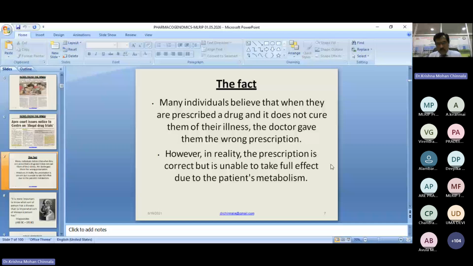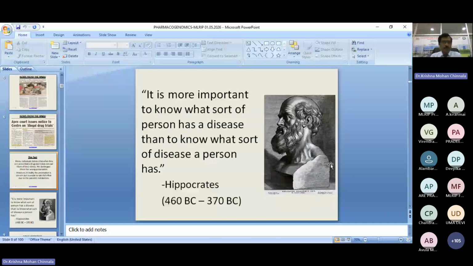So all these examples give the conclusion that the drugs work properly in a fixed range of people only, maybe up to 60% of the population responding to the drug. Then what about the remaining 40% patients?